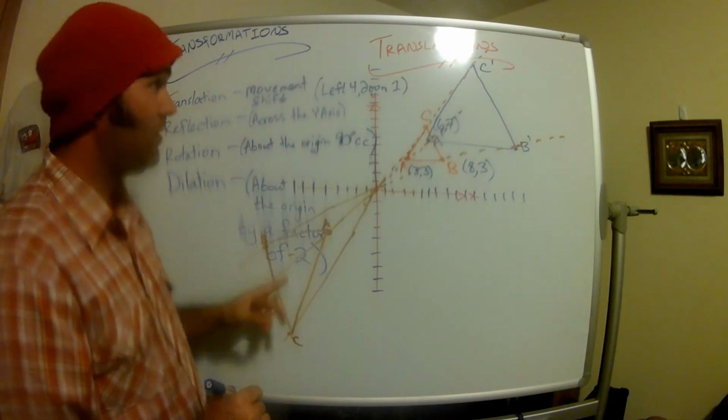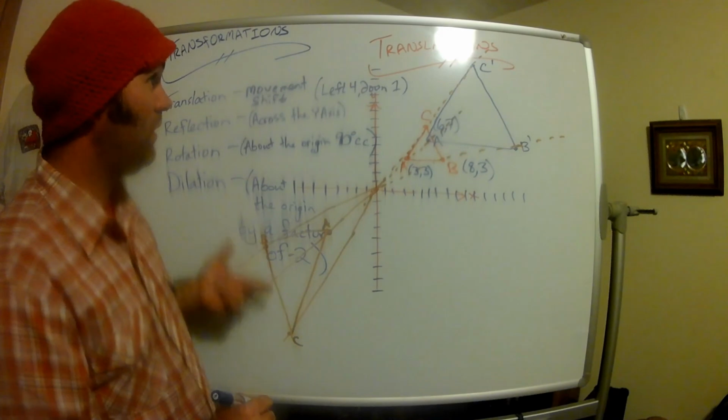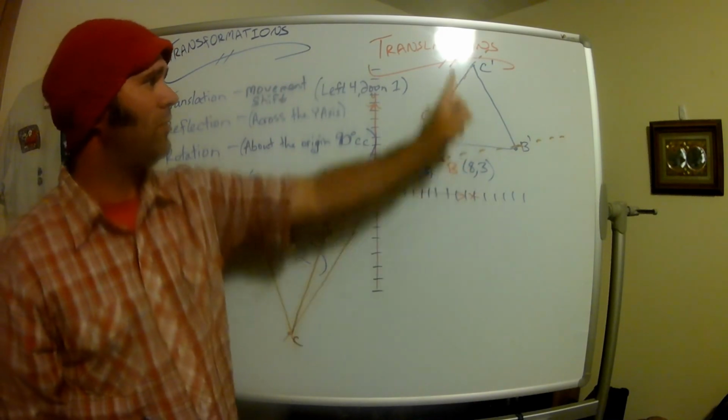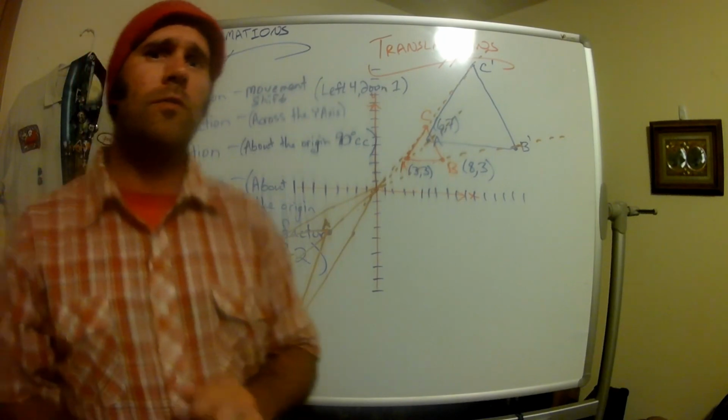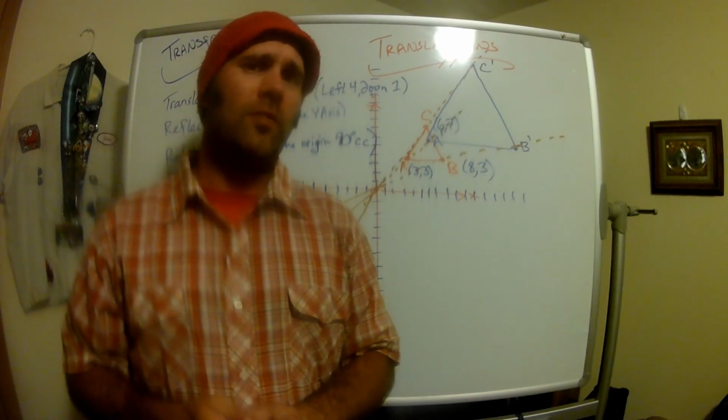We would have gotten that same big triangle, but it would be flipped. So instead of C pointing up, C is now pointing down. That's kind of interesting, something to keep in mind.